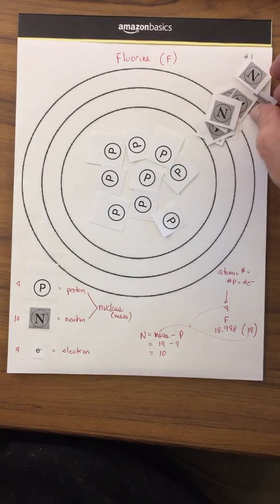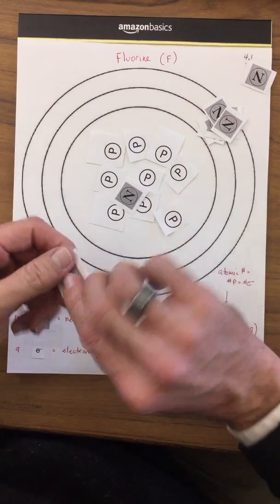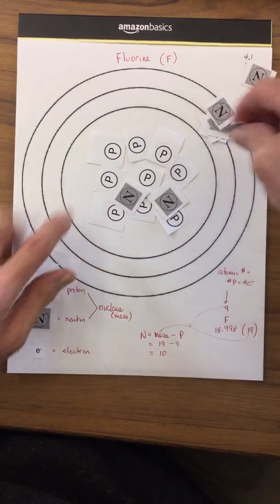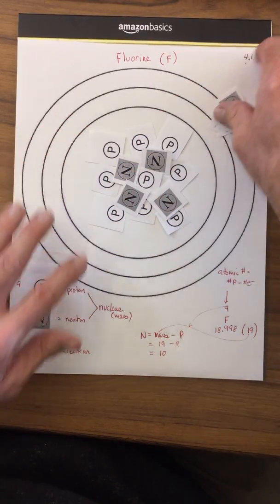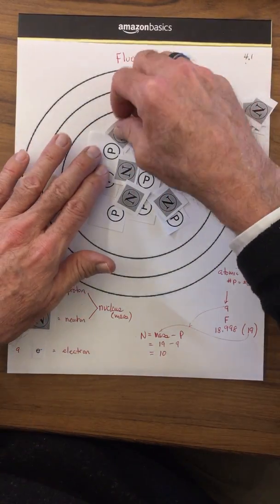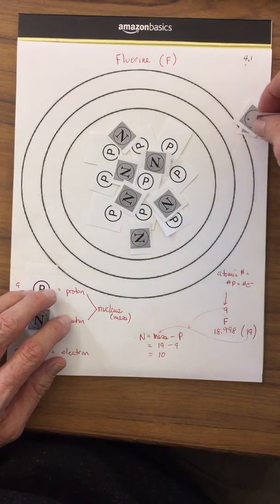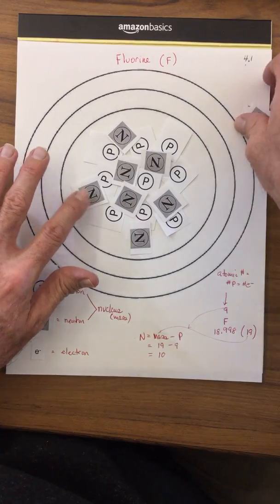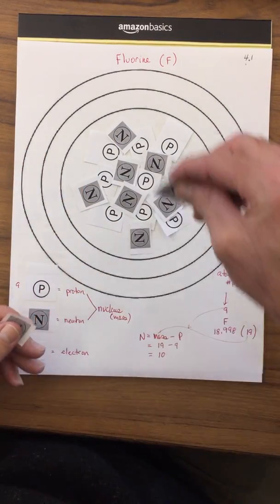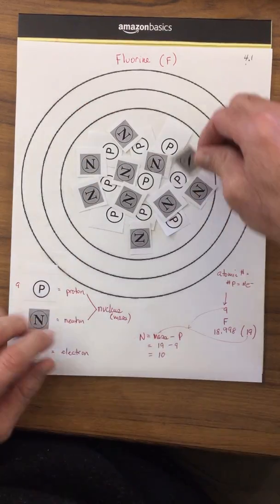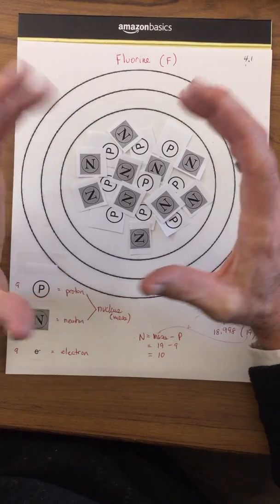Now, your neutrons are going to be kind of stuck in between. It doesn't matter how these are positioned. In physics, we learn a little bit more about the forces on the inside of the nucleus. These are called the strong nuclear forces, and they hold all these protons and neutrons stuck together in this cluster.